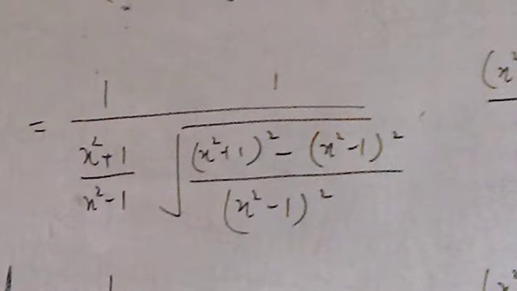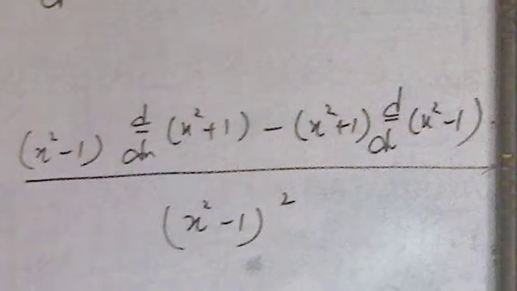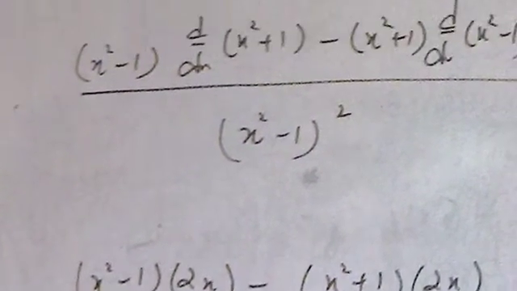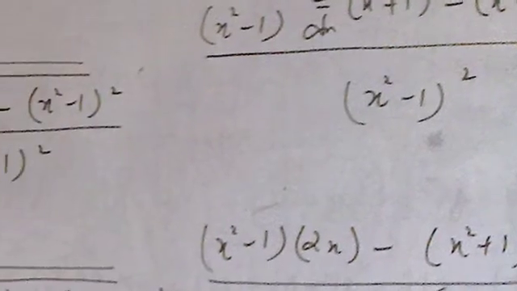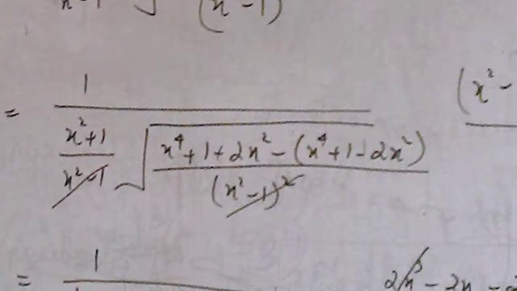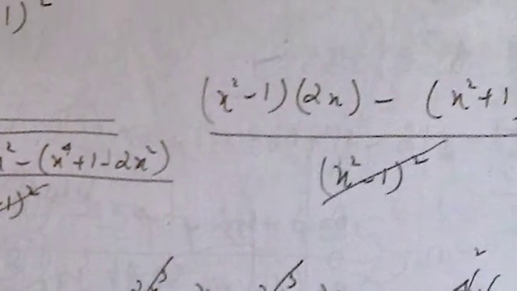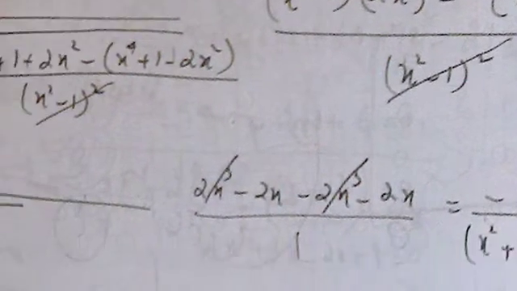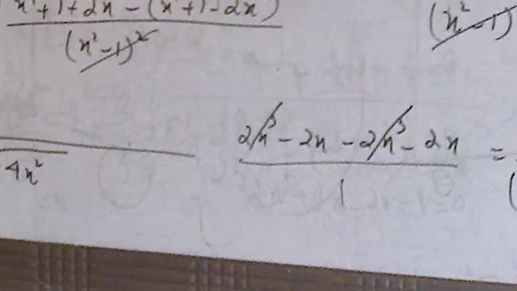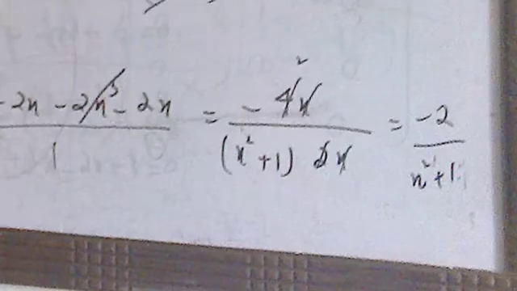Taking LCM, we apply n over d. The derivative of 2x square is 4x, and the derivative of x square is 2x. Here we take LCM and then simplify these values. All the denominators cancel with this value. Now we simplify this and we get the answer minus 2 over x square plus 1.